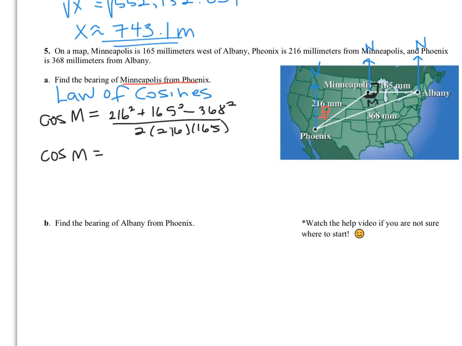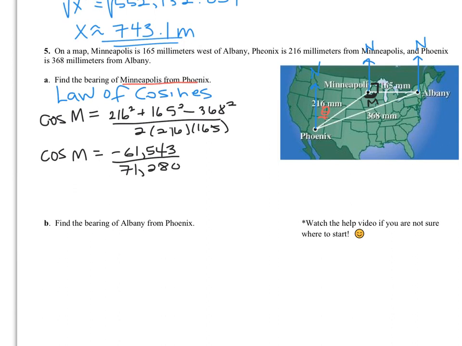In the numerator, if we do 216 squared plus 165 squared minus 368 squared, we're going to get negative 61,543. In the denominator, 2 times 216 times 165 is 71,280.